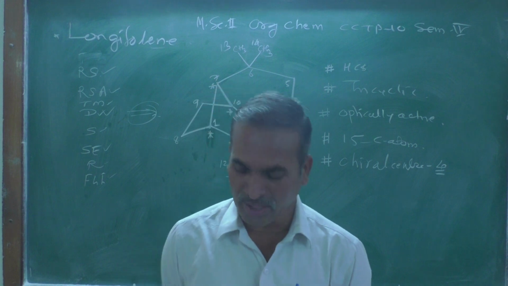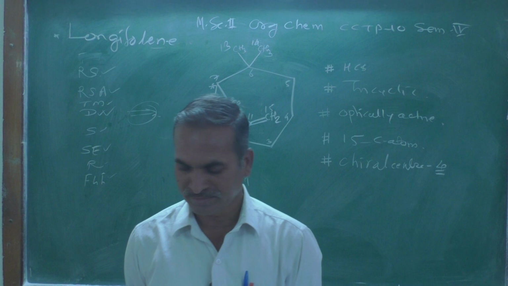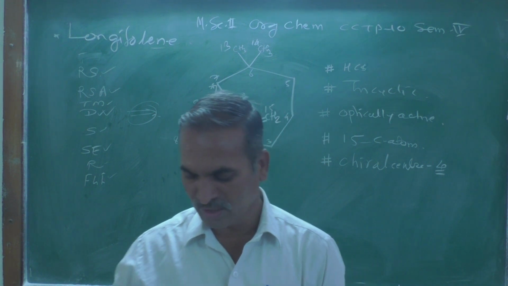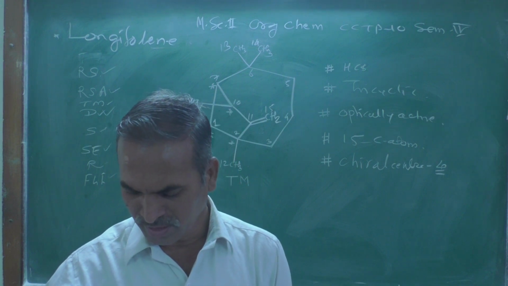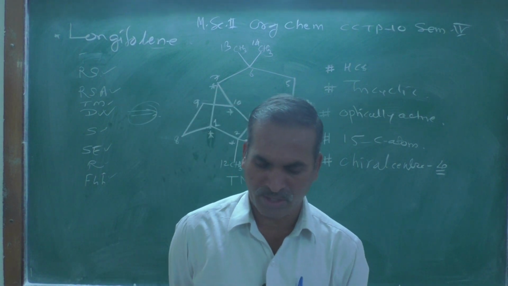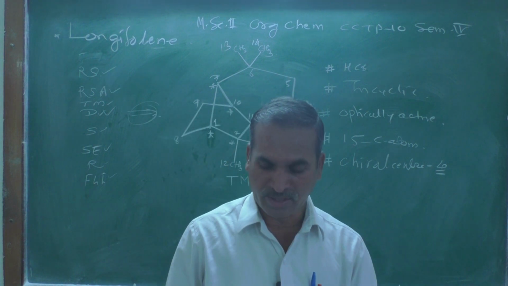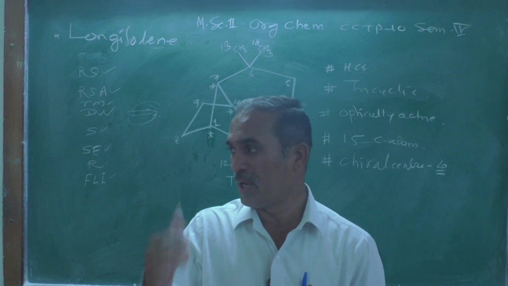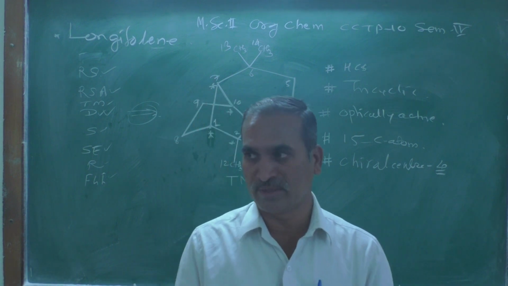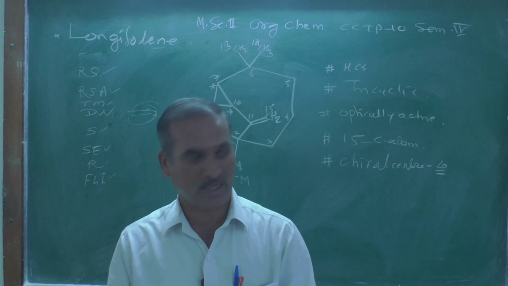That does not mean stereochemistry can be ignored, since the formation of the various rings will fail if the reactants do not have the proper stereochemistry. With this, let us stop today; the remaining retrosynthesis of longifolene we will see in our next lecture.